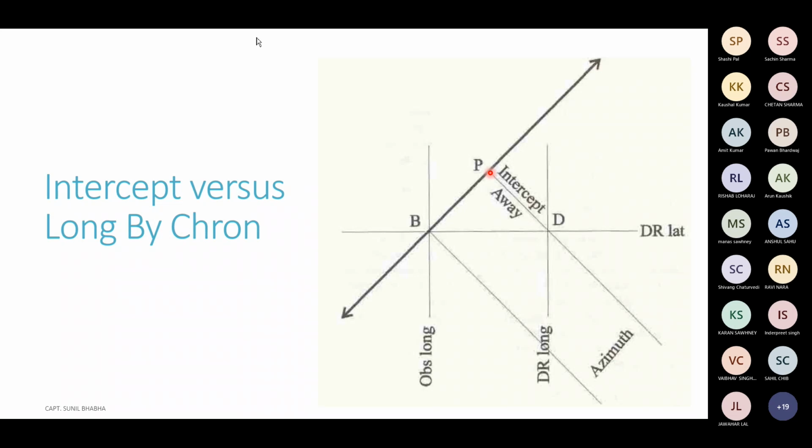We cannot have two position lines from a single body at a single time by using two different methods, intercept and long by Cron. That's not possible. So this is the concept or comparison of longitude by chronometer and the intercept method. So is this clear, beta?